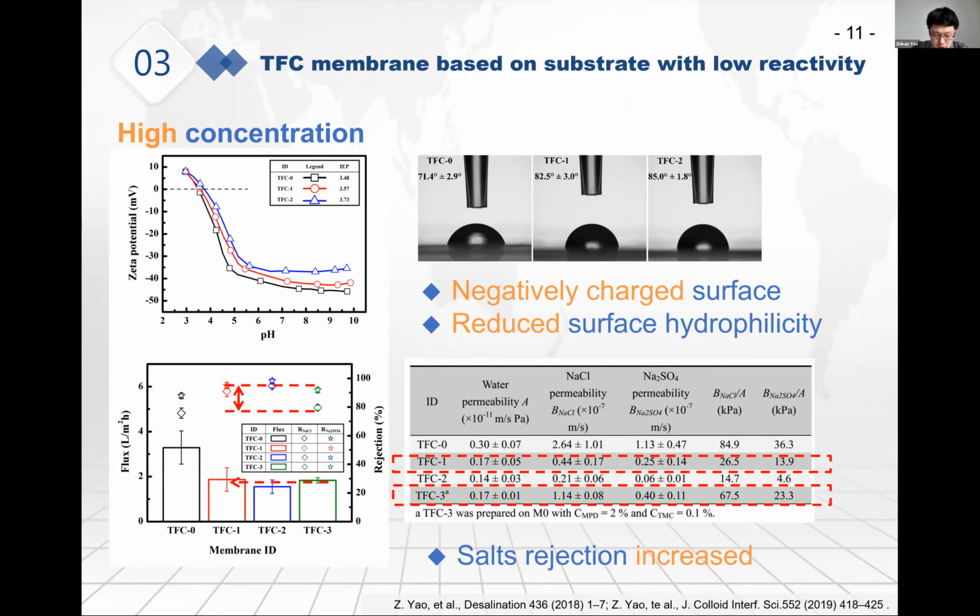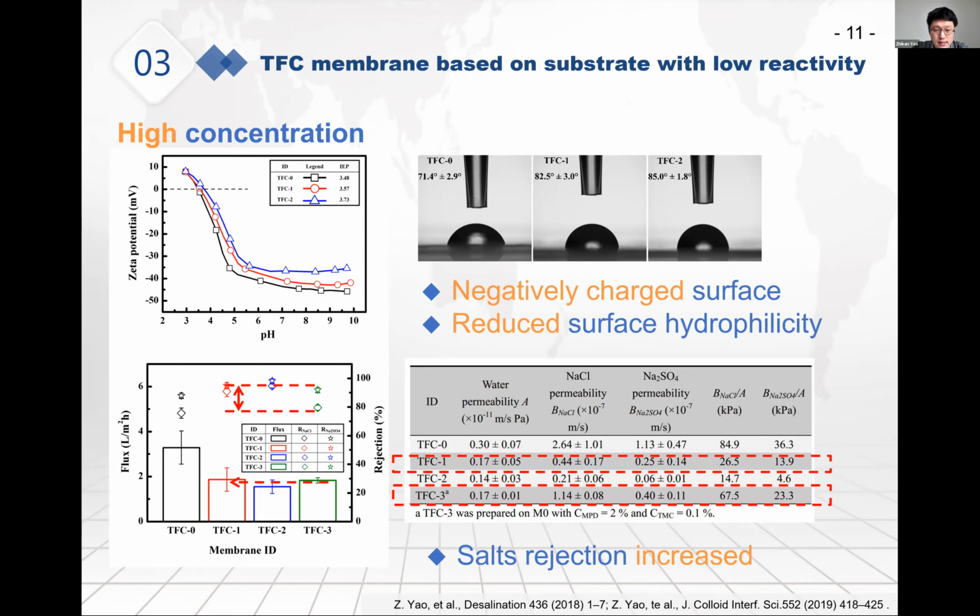The prepared TFC membranes showed a negatively charged surface, and due to the formation of the hydrophobic ester groups, the surface hydrophilicity of the prepared TFC membranes based on the reactable substrate reduced.